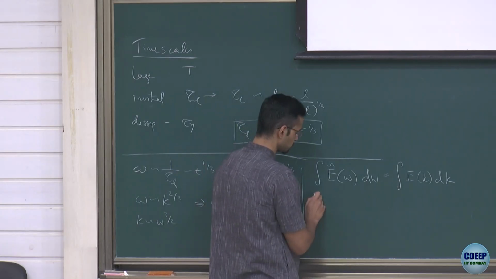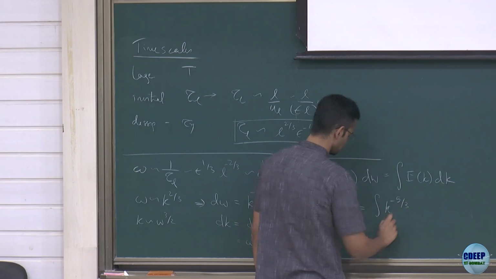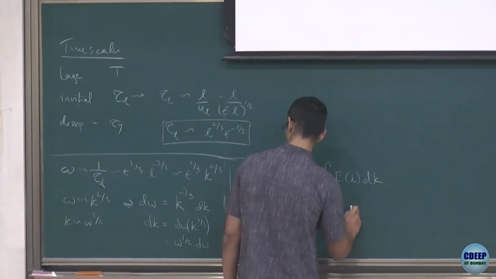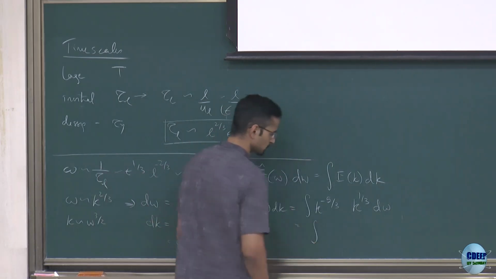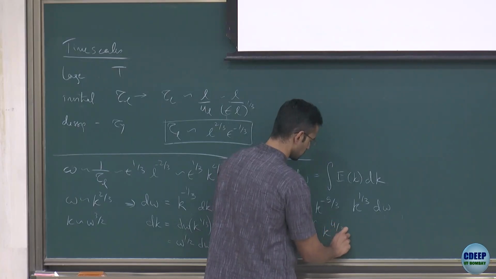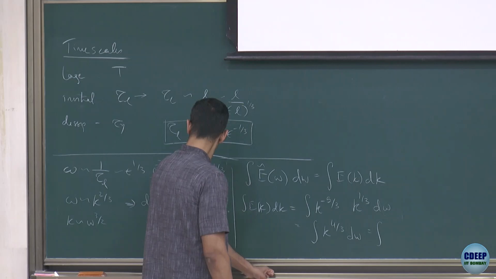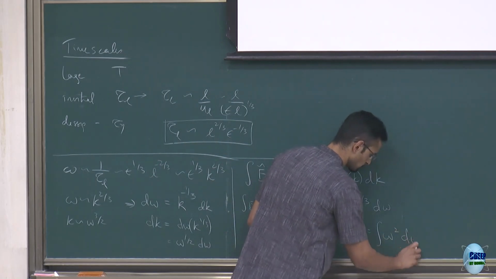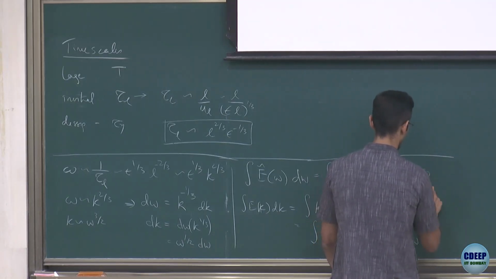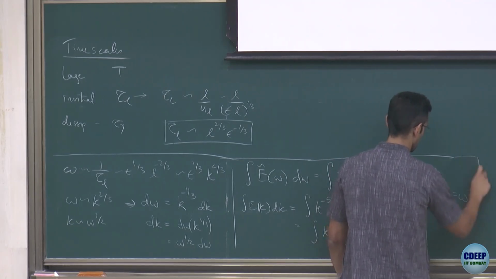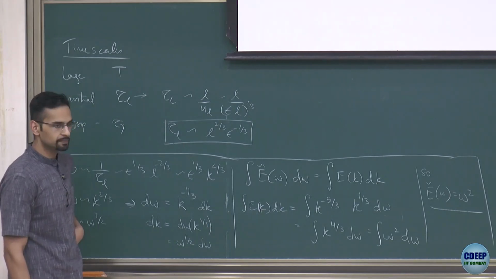You start from here, and dk you substitute, or you can put that also, k to the 1/3 d omega. So I just did a change of variable.